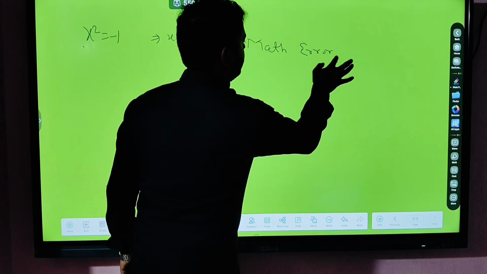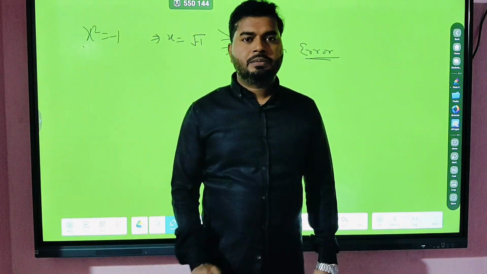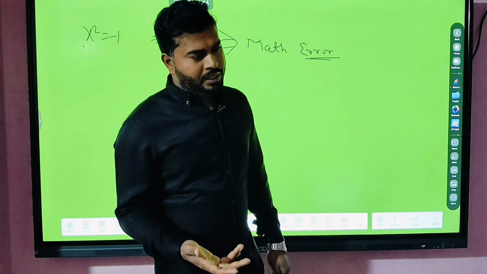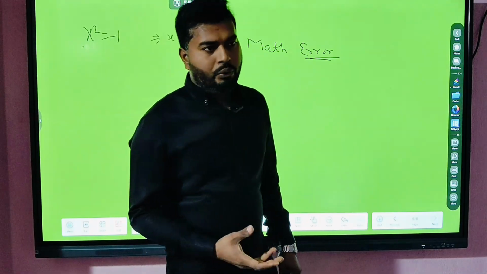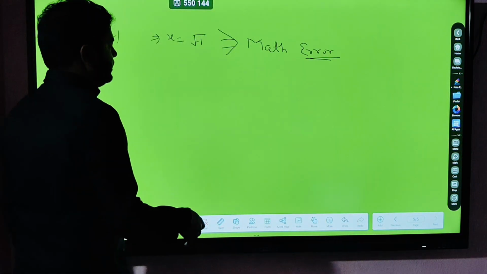So this is the point from where complex numbers start, right? So a complex number is basically when you have a root of a negative number.